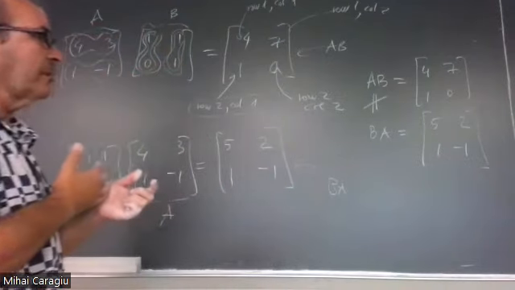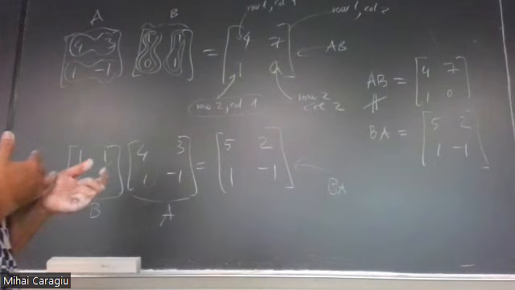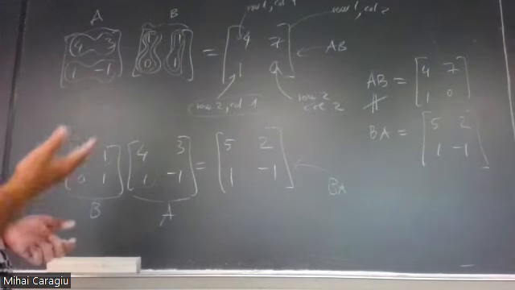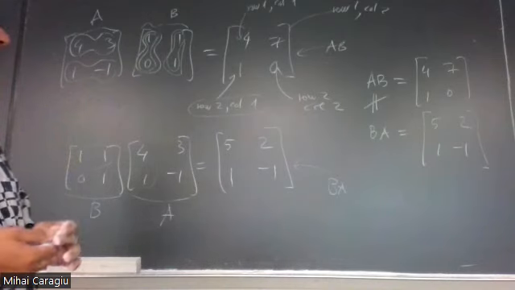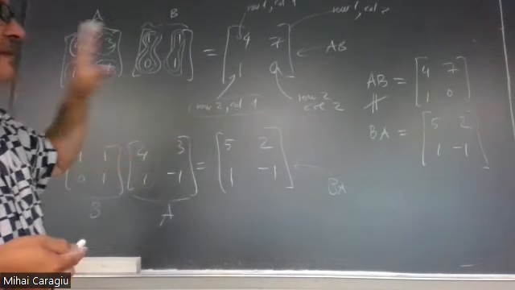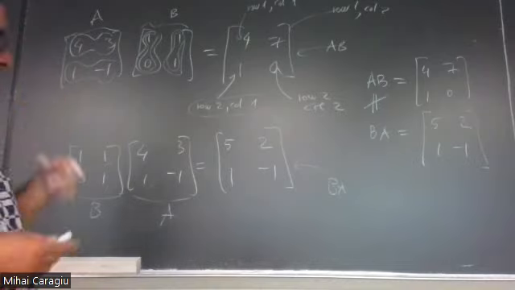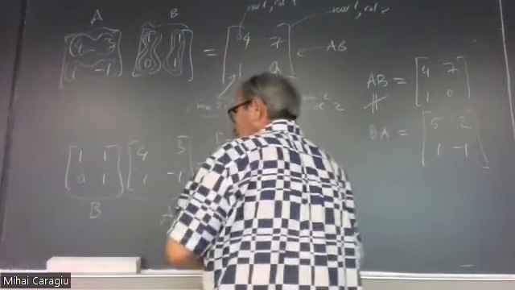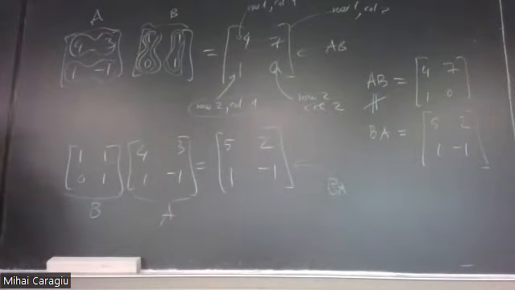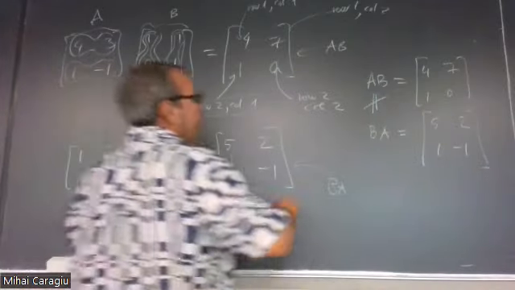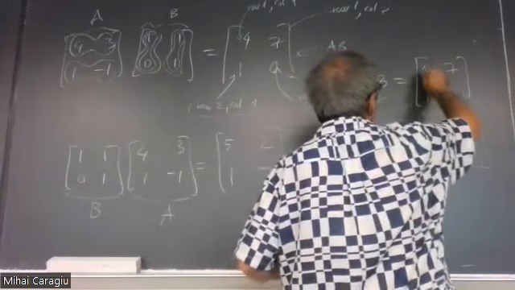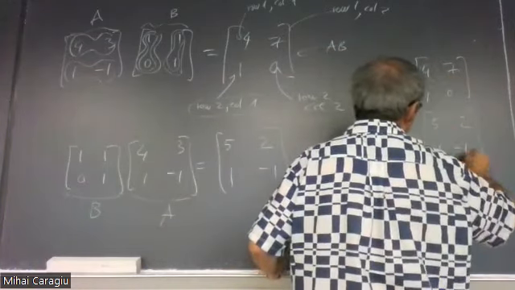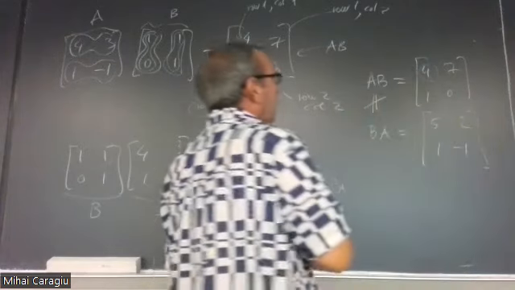If A and B are both square, both n by n matrices, we can multiply then AB and BA, like we did here for a 2 by 2 with a 2 by 2. In both cases, they are not equal, but the sum of the main diagonal elements is the same. So basically, the sum of these two elements equals the sum of these two elements.